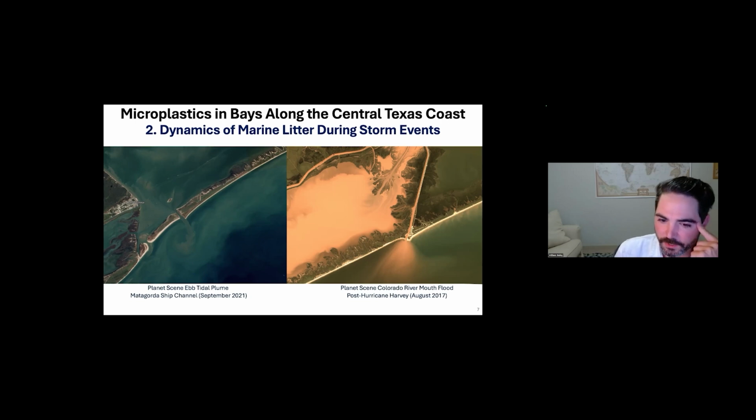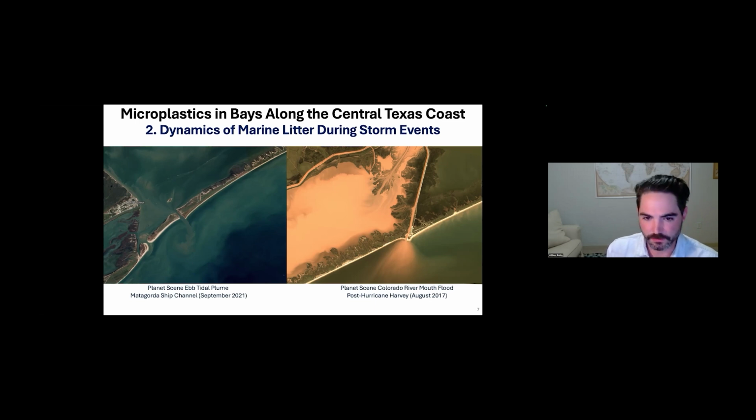And so when we think about the relative mobility of these microplastics, this may explain why we're not finding as much, because it's quite mobile and it's routed through the system quite rapidly. So these storms can act as key events of flushing microplastics through the system and ultimately to the Gulf of Mexico or to our shorelines.